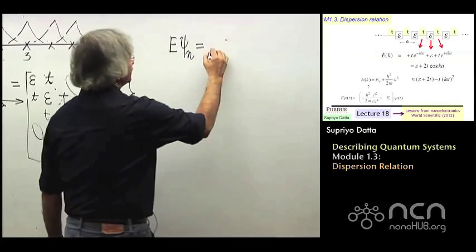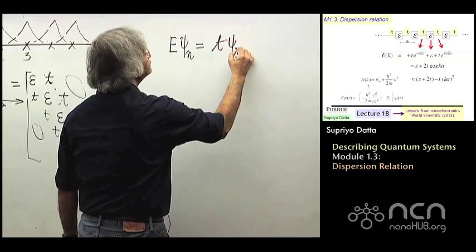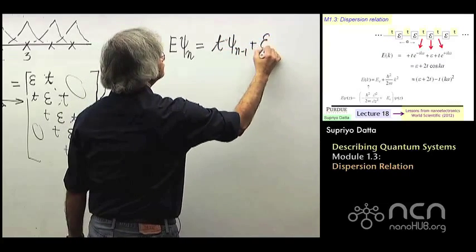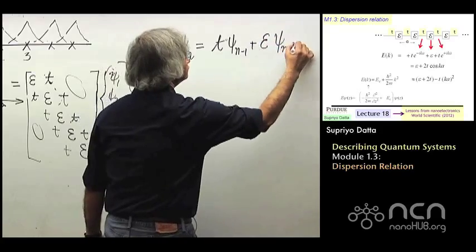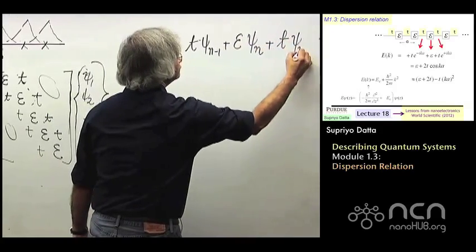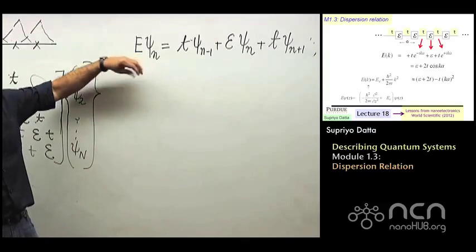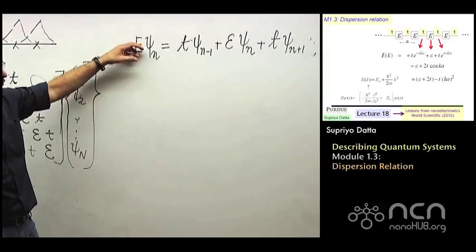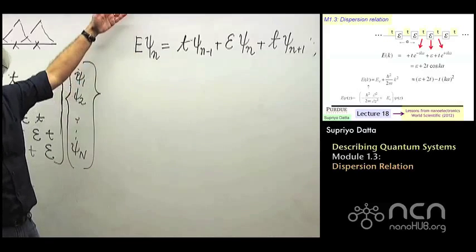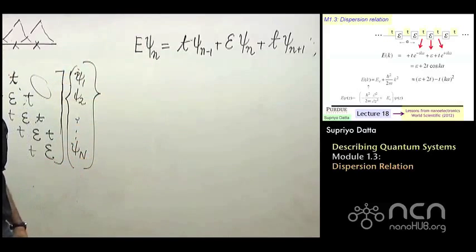So you'd have something looking like this. If I put n equals 1, I'll get one equation, n equals 2, n equals 3, n equals 4, and that's how we get all the equations one by one.